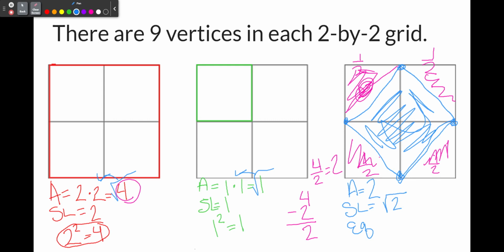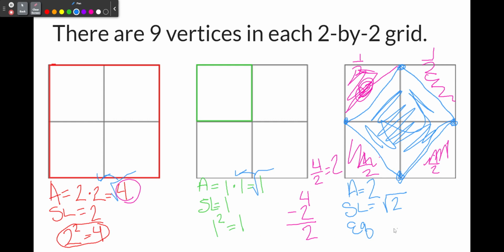Do we know exactly what the square root of 2 is? Now we know that 1 times 1 is 1, and we know that 2 times 2 is 4. So we don't actually know what our square root of 2 is at this moment. So we might have to take the time to find this.